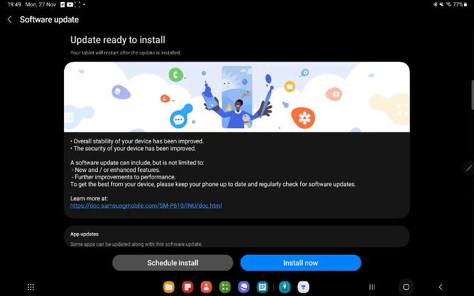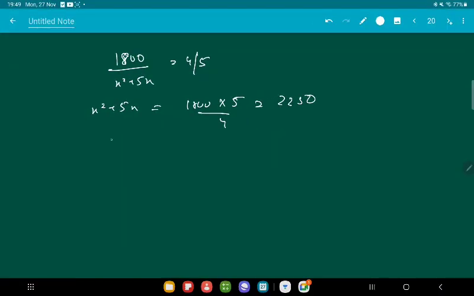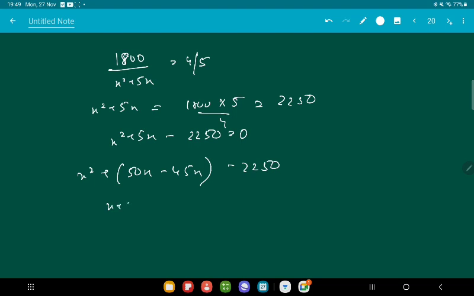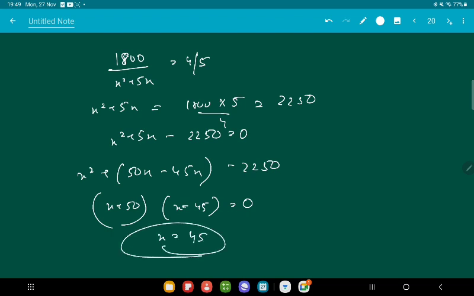So x square plus 5x minus 2250 is equal to 0. It's a difficult quadratic now. Factors of minus 2250: x plus 50 and x minus 45. So your answer would be 45. That is the original speed of the train.